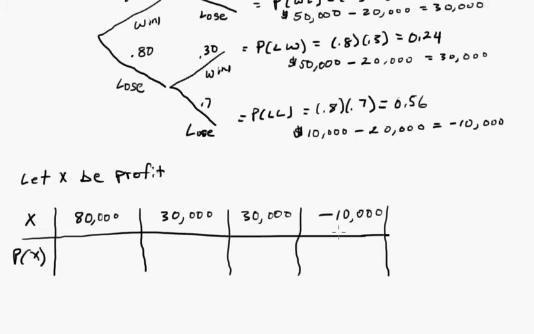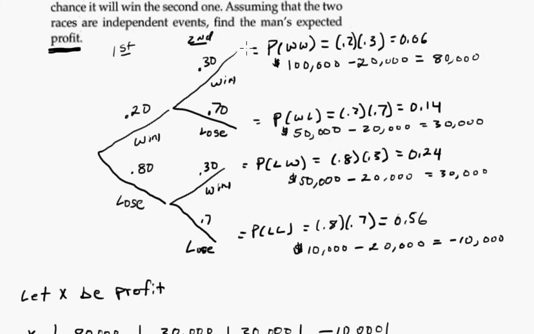Let's see, the probabilities are 0.06, 0.14, 0.24, and 0.56, just taken right from each one of these branches.